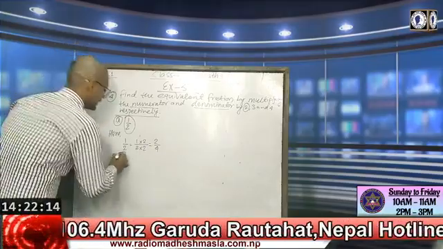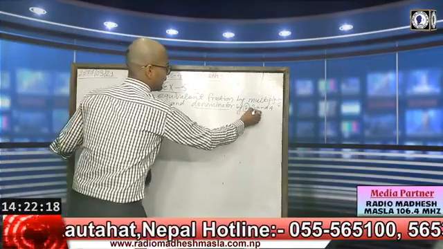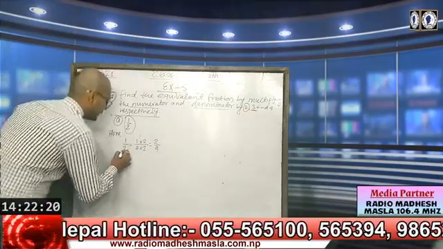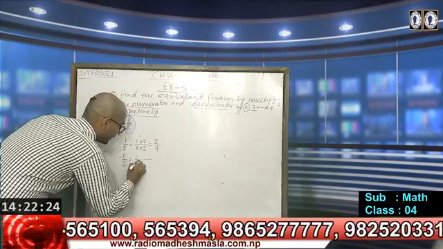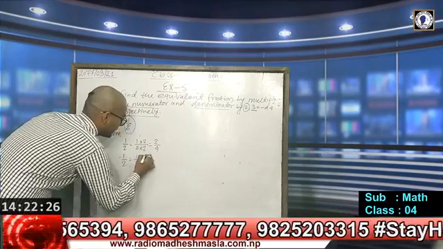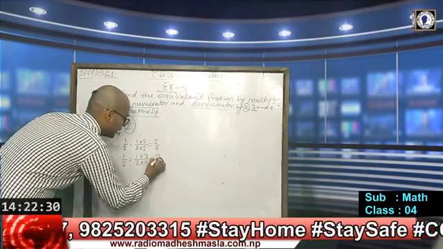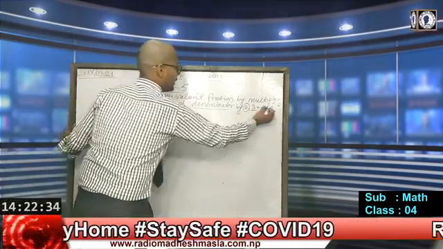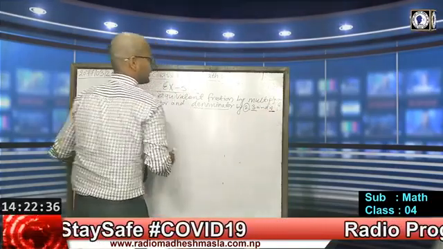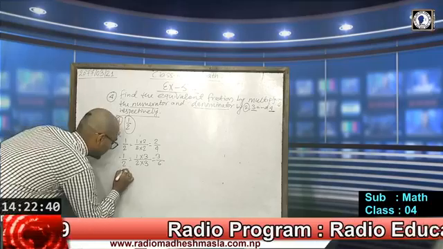In the same way, suppose again we need to multiply the same fraction by 3. So 1 by 2 is multiplied by 3. Then we will get 1 times 3 is 3 and 2 times 3 is 6. The same after, we need to multiply the fraction by 4 to find the third equivalent fraction.